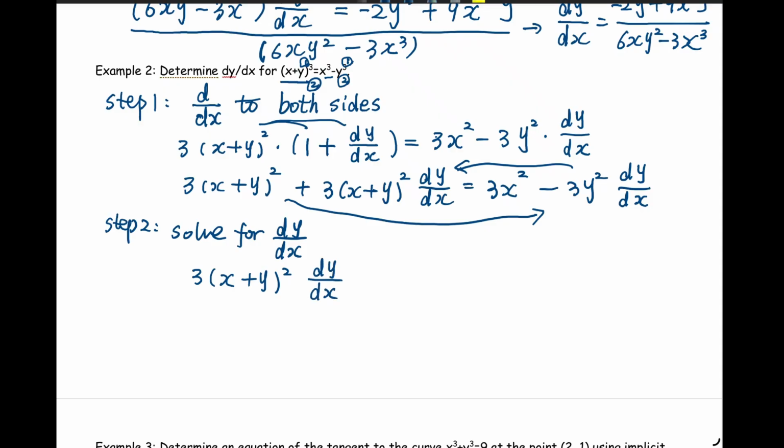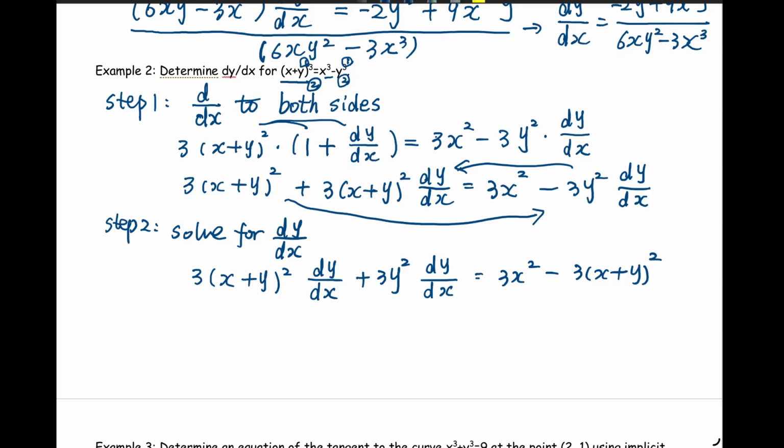Then we move the minus 3y squared to the left side. You will have plus 3y squared, then dy by dx. Then equals 3x squared. The other term is minus 3 bracket x plus y bracket squared.